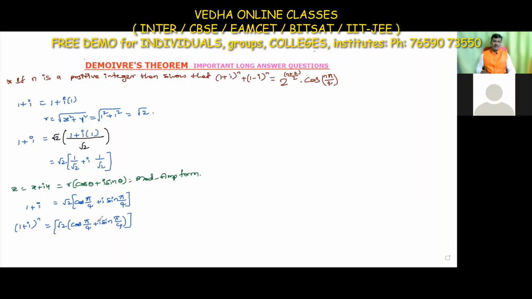The power n applies to all the terms, so we can write it separately: (√2)^n and (cos π/4 + i sin π/4)^n.